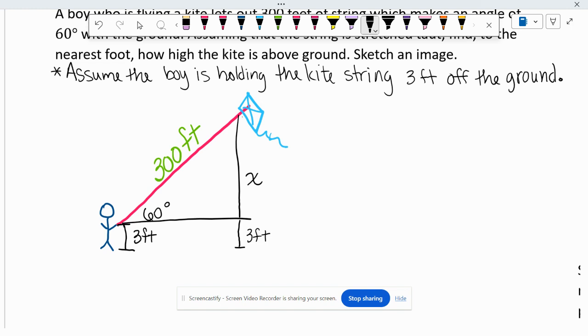So what trig function do you want to use, Olivia? We can label our sides if you want. Will that help you? Okay. So from this angle, what side is the hypotenuse? Oh, Olivia. Okay. What side is the opposite?